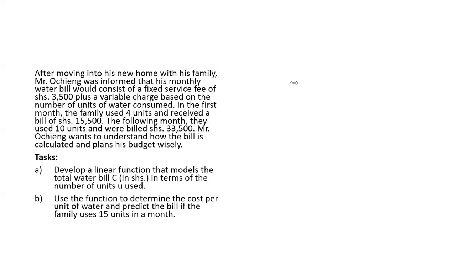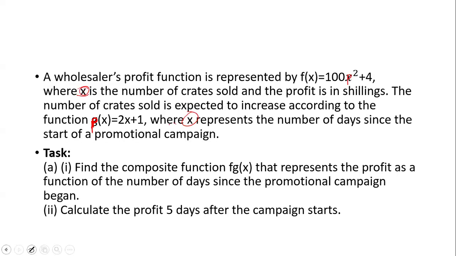Okay, sorry, teacher. I needed to fix settings. So for part A, where the person who explained got 400x squared plus 400x plus 4, how did they get 400x? Did you get this part of squaring?